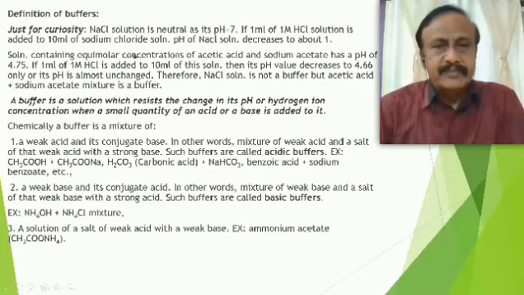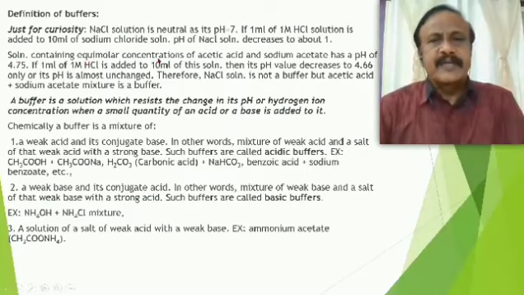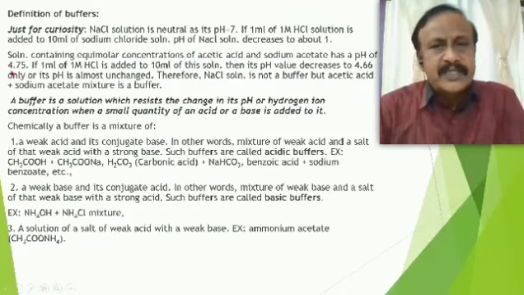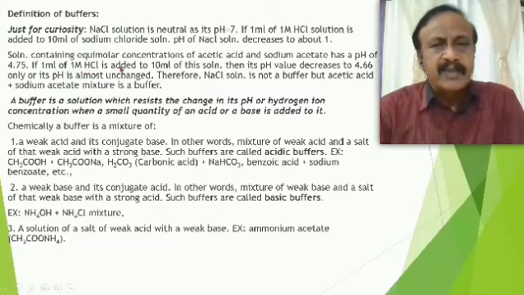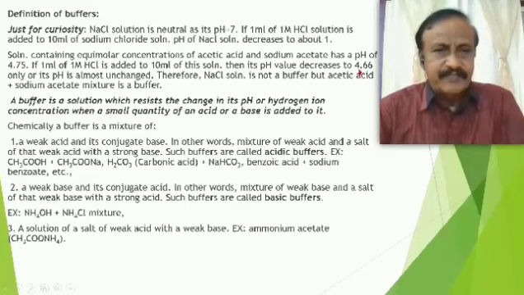Now look at another example. If we take equimolar concentrations of acetic acid and sodium acetate mixture, which has a pH of 4.75, and to this solution we add the same amount of HCl, that is 1 ml of 1 molar HCl to 10 ml of this buffer solution, then the pH of this solution decreases to 4.66, or its pH is almost unchanged.